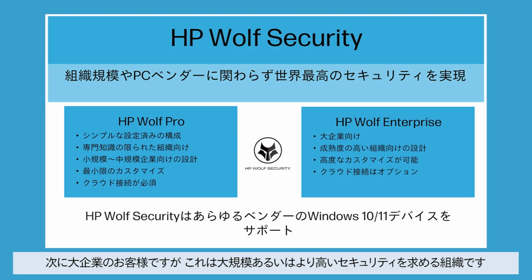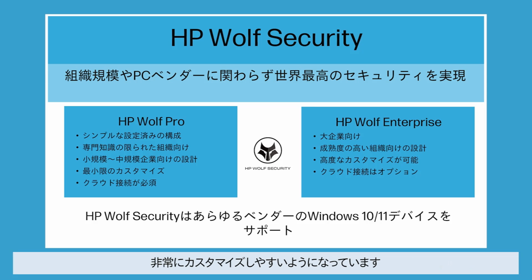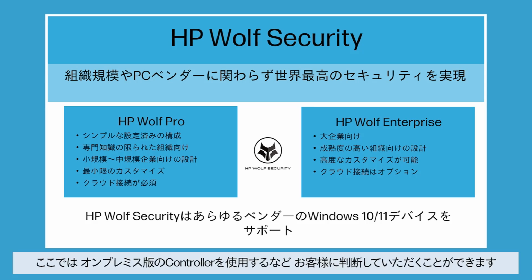Now for our enterprise customers, which are customers that might be large or they just might be more secure organizations, we have Enterprise Edition of our products that allow the customers to pick and choose how the configuration is going to be deployed and are very customizable. And this is where we allow customers to make decisions such as using the on-premise version of the controller.